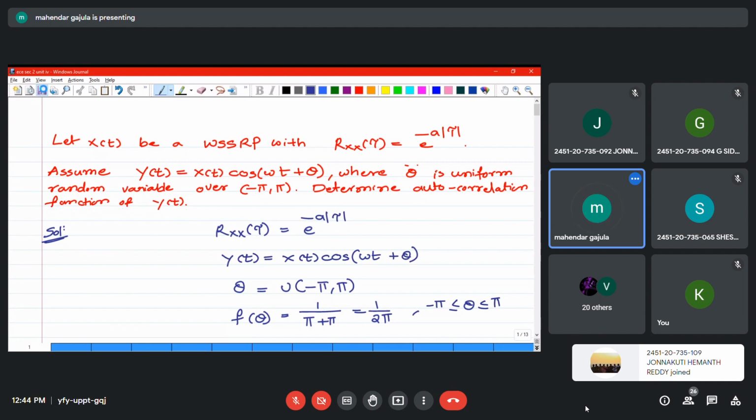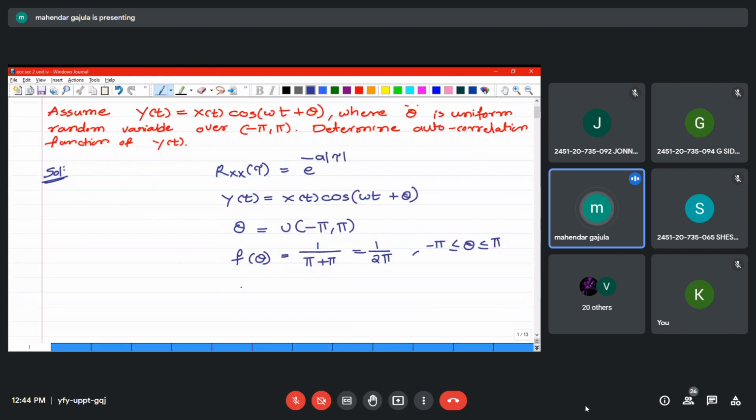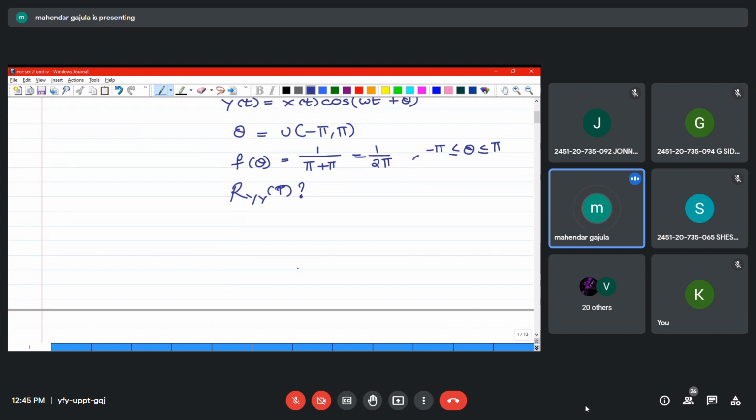Okay. Now what we have to find? Determine the autocorrelation of y(t). So we should find R_yy(tau). This one we have to find. Okay. So let us proceed with the known formula of the autocorrelation function.